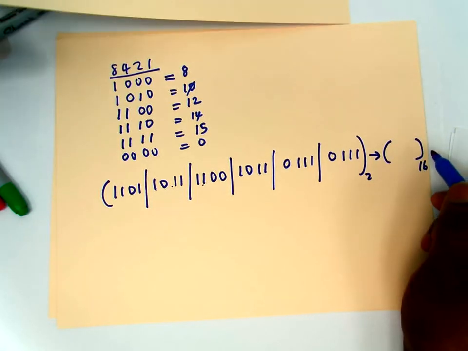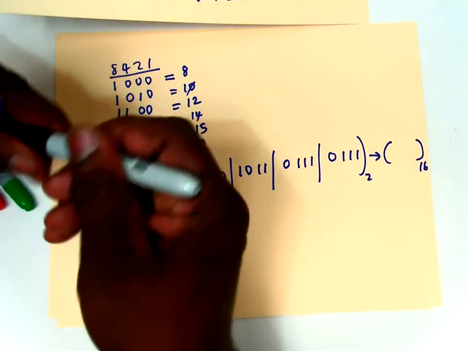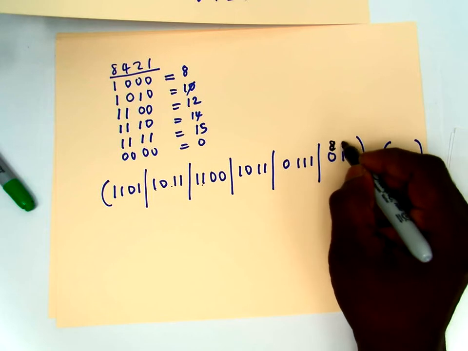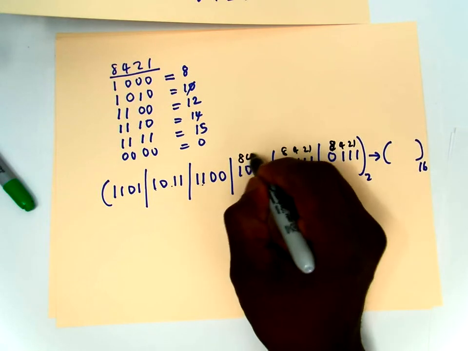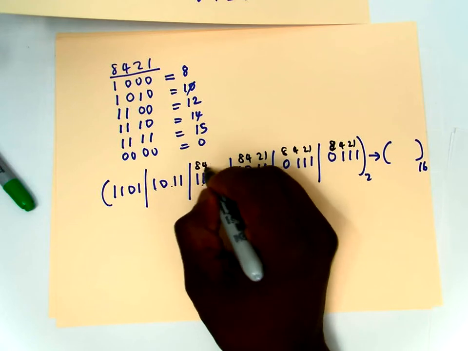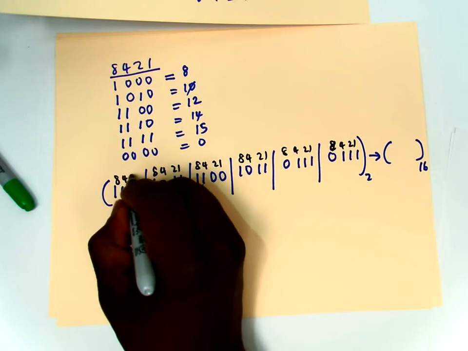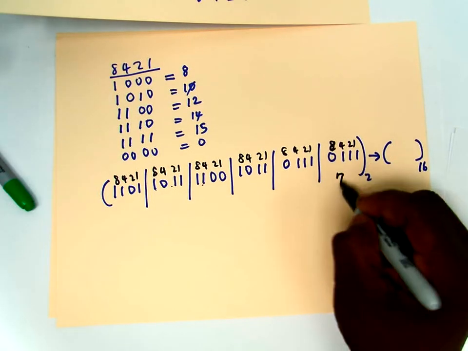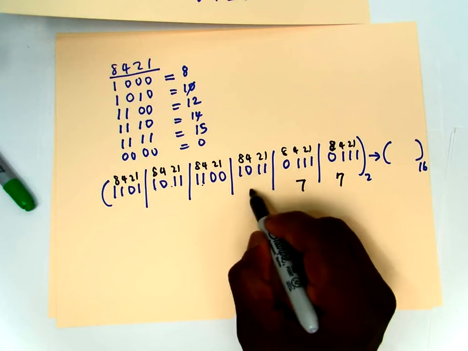Okay, so what we need now is to plug in the powers of 2's. I plug in your 8421 that we did on top of each group. Okay, so if you look at this, this means 7, 7. This means 11.